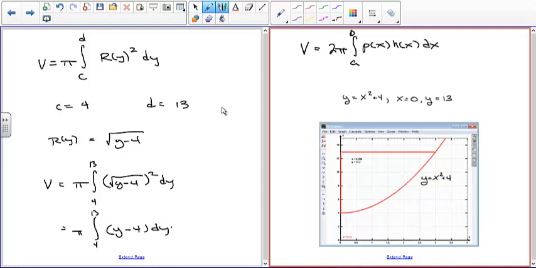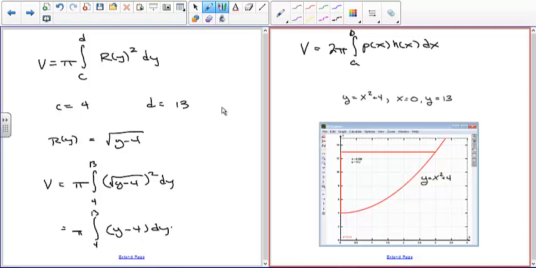Therefore, you always take the top line, and then you subtract the bottom line. So with the shell method, you have to do that with respect to the x-axis rather than the y, even when you're moving it around the y. Yes, because you still need that difference to be positive.